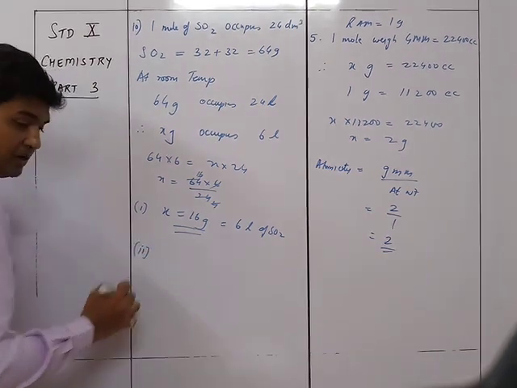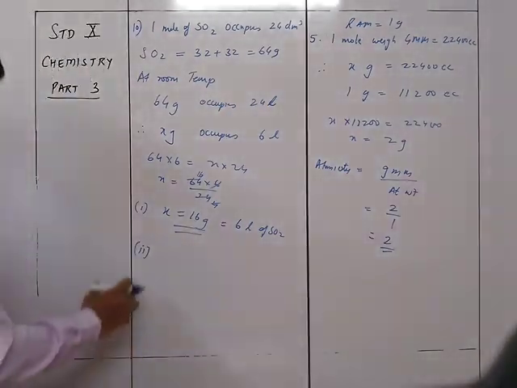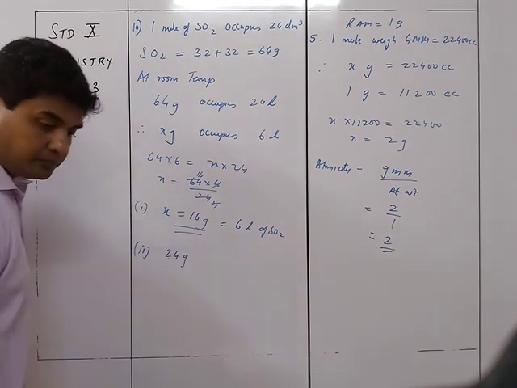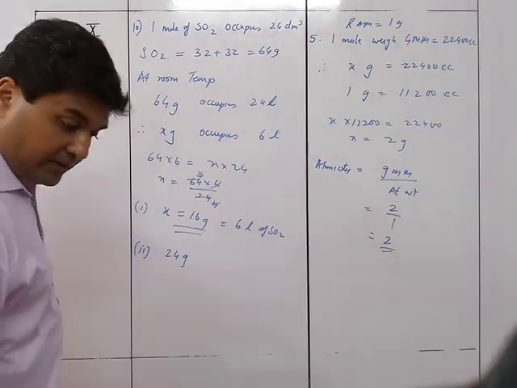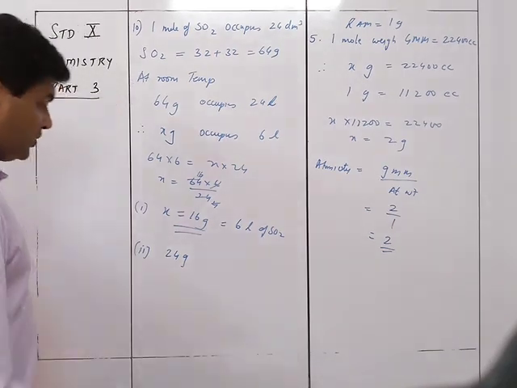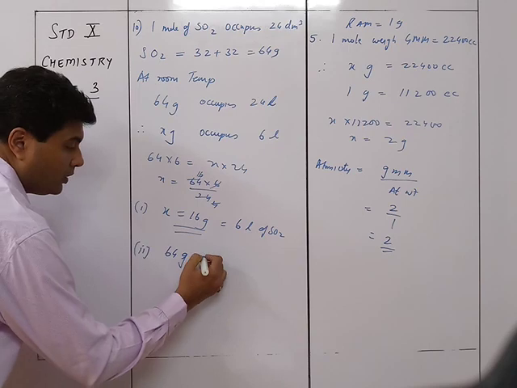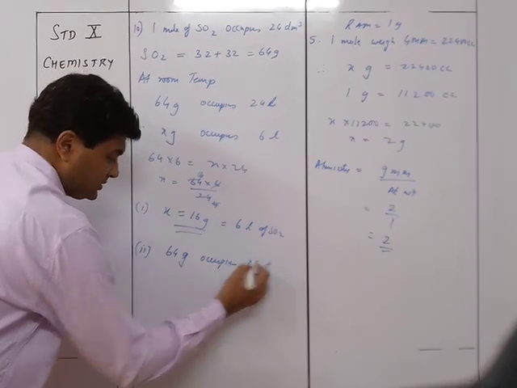You see the second thing now? Again, the volume occupied by 80 grams of SO2. So we know that 64 grams occupies 24 liters.